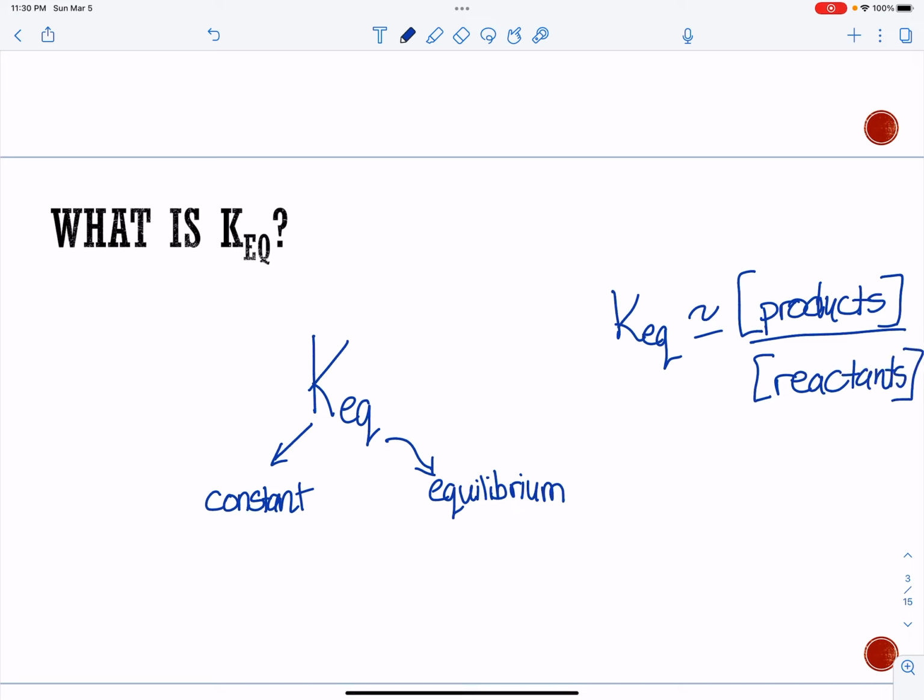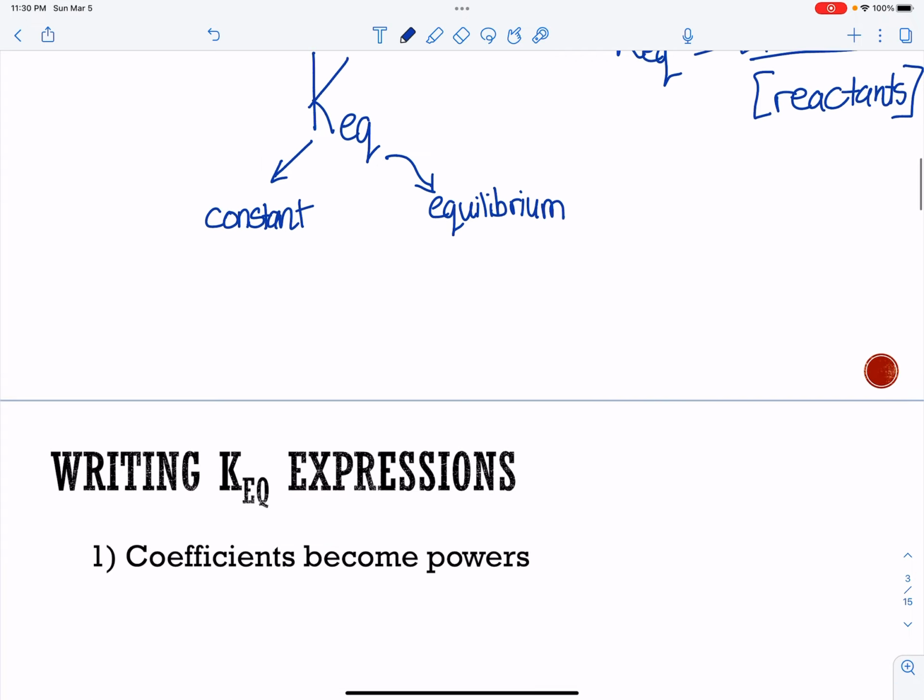And we know that at equilibrium, what's equal is the rate of the forward reaction and the rate of the reverse reaction. We know that the concentration of products and the concentration of reactants is not necessarily equal at all, but the rate that they're forming and being used up, that is what is actually equal. And so our equilibrium constant is going to show us the ratio of those products to reactants.